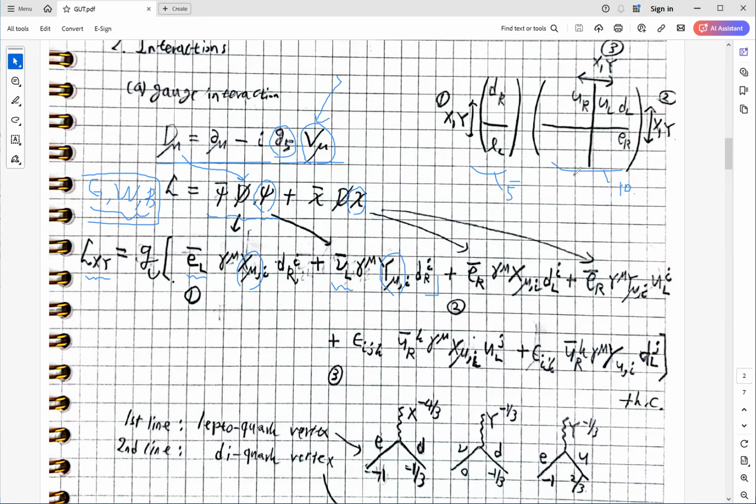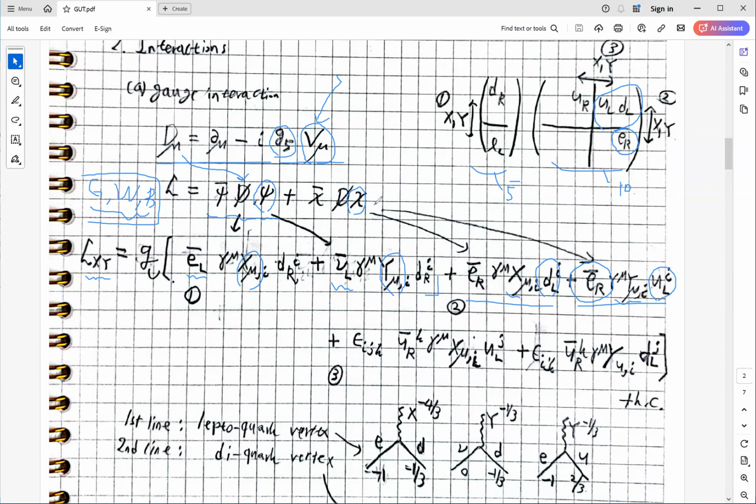And for the 10 representation, first of all, there will be the exchange of the singlet, the right-handed electron singlet, and the left-handed up and down. This is given by this term. So the right-handed electron singlet is swapped with the left-handed down and up by the XY gauge boson.